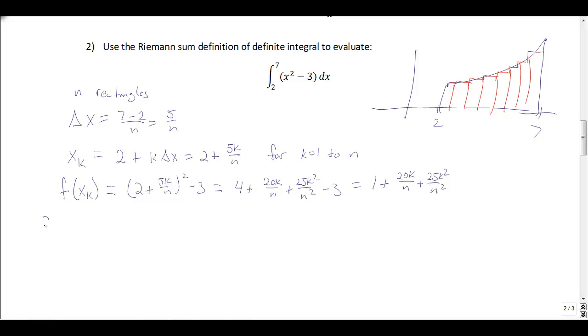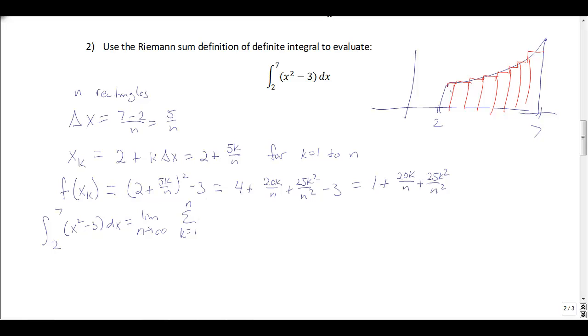Now my definite integral, and this is how things are really defined, is actually a limit as n goes to infinity of the sum of the areas of the n rectangles. So I'm going to do the summation k equals 1 to n.